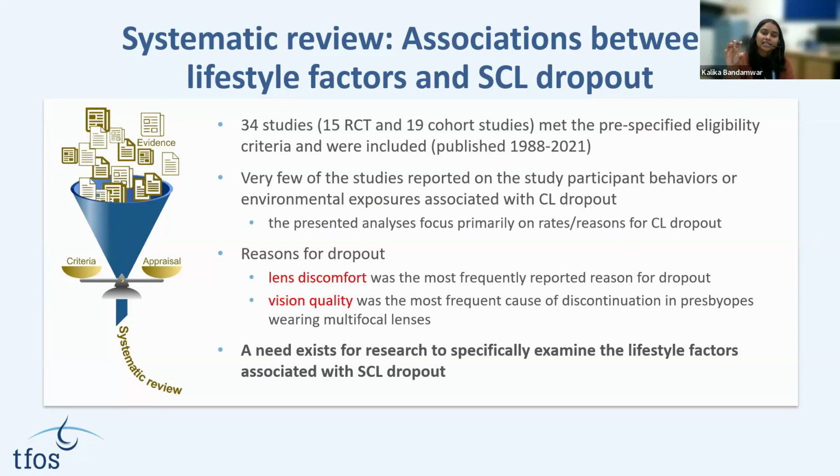And why is it that contact lens discomfort and dropout are so closely associated with each other? The prominent reasons for dropout were discomfort and vision quality. A need exists for research to specifically examine the lifestyle factors associated with soft contact lens dropout.